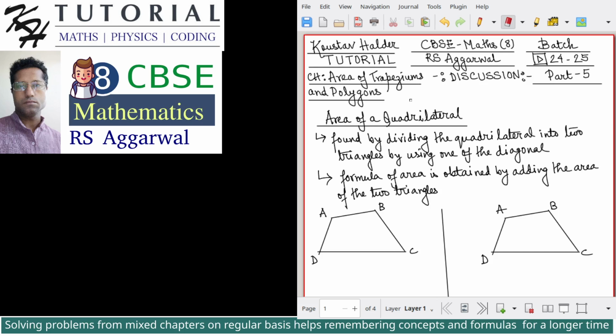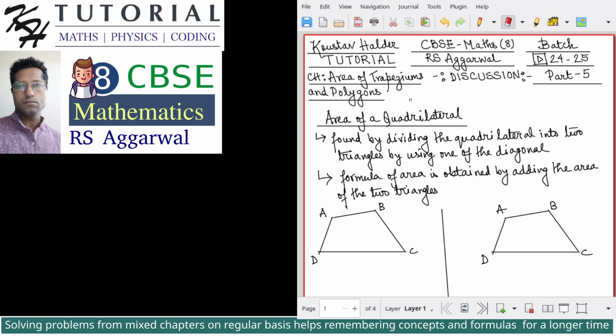In this video, we will discuss how to find the area of a quadrilateral in general. That is, it is a simple quadrilateral, not any special quadrilateral like a kite, a rhombus, a rectangle, a square, a trapezium or an isosceles trapezium. It's a simple quadrilateral having 4 sides, which is a polygon of 4 sides.